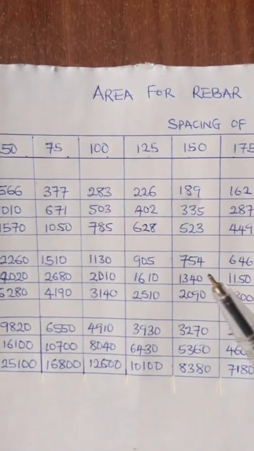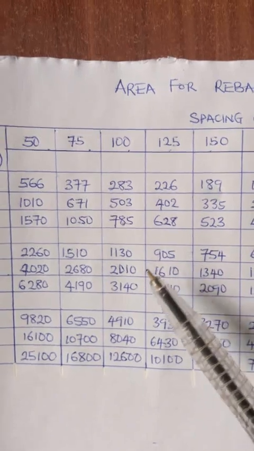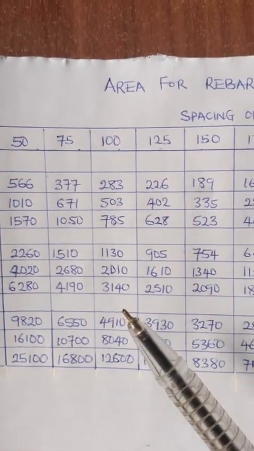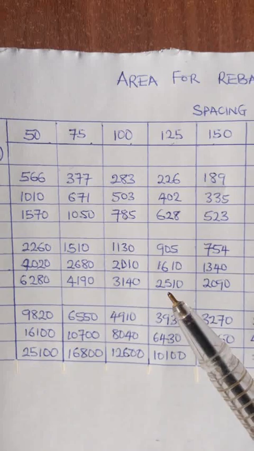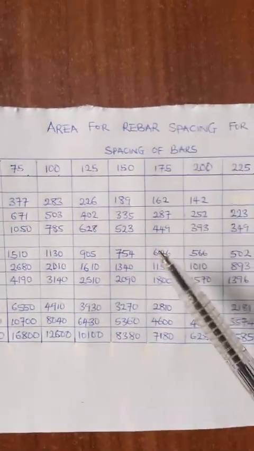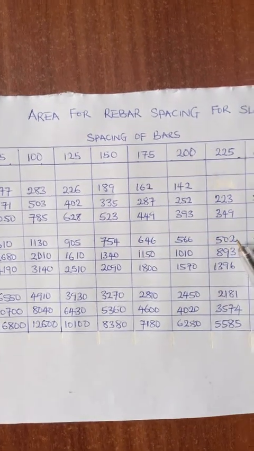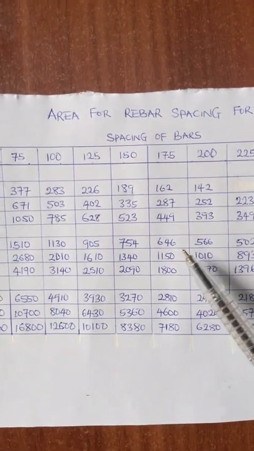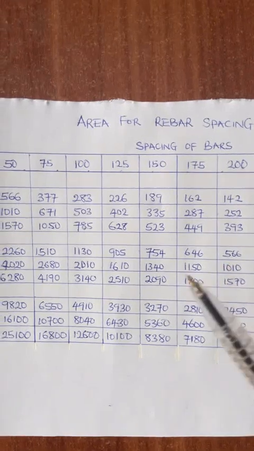So I want you to understand that all of these that are more than 650 is okay to be provided, but from here this way is less than 650, so it is not ideal.